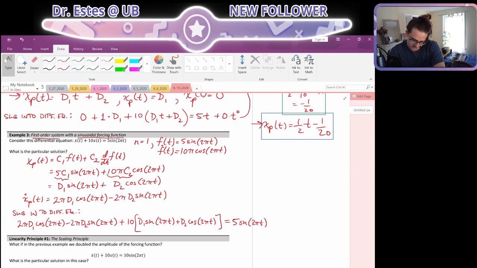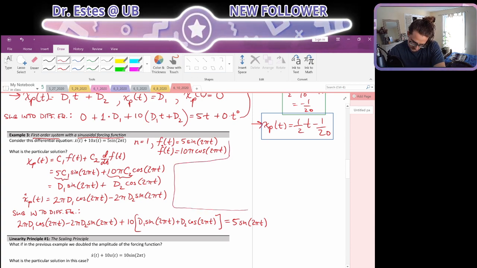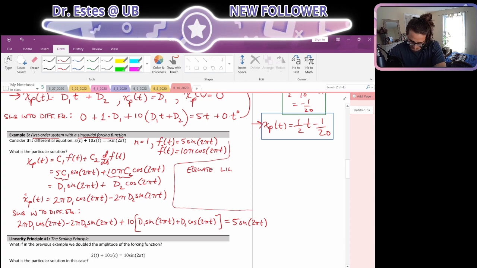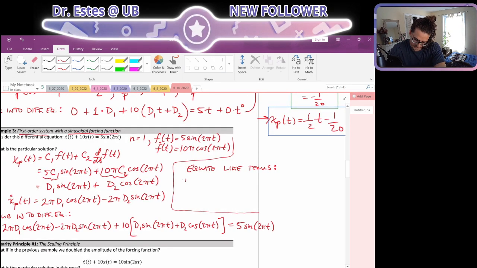All right, I'll carve out some space. We're going to equate like terms. So let's get all the sine terms together.